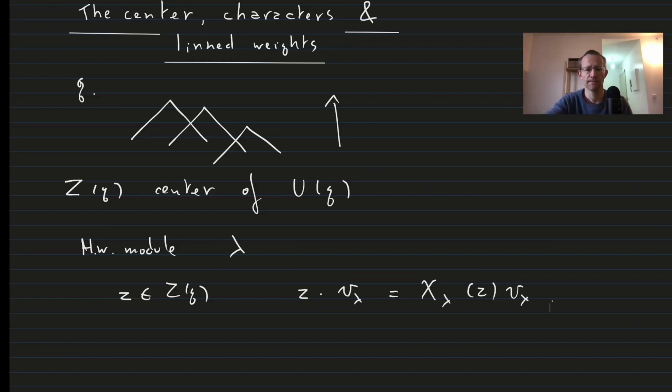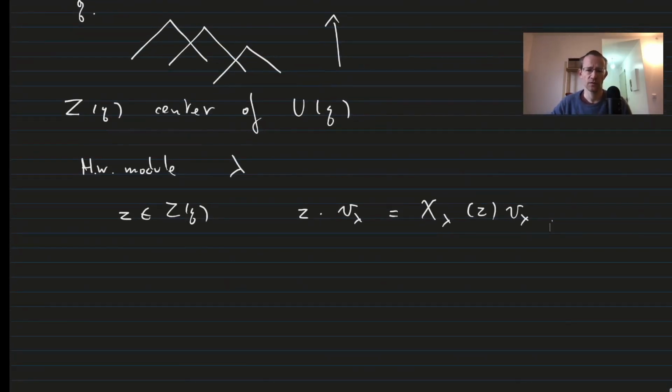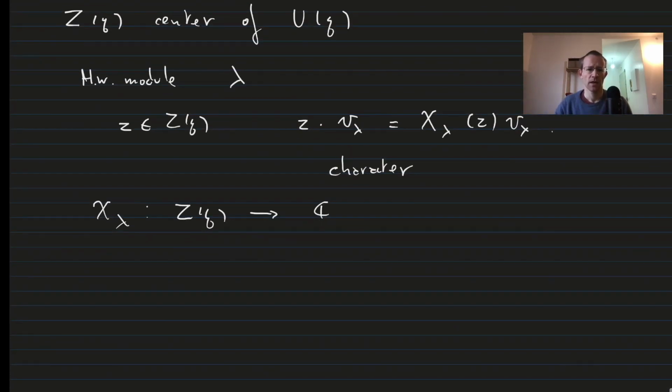And then this so-called character, which is a map from Z of G into complex numbers. This character is the same for all of the vectors of the highest weight module.